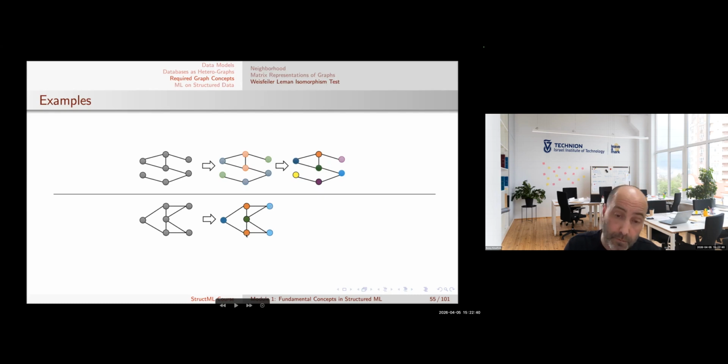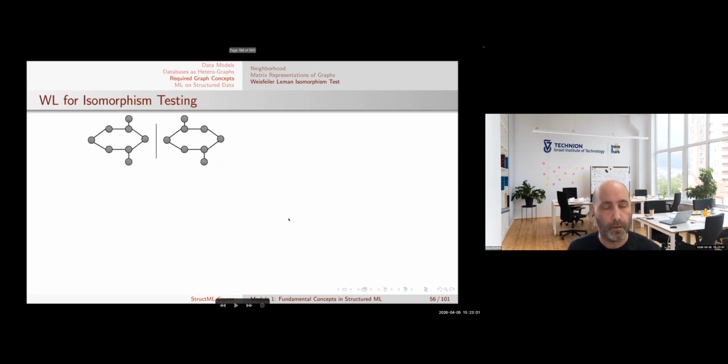And the other orange one has the same bag of colors in the neighbors: dark blue, green, and the sky blue. And so they continue to have the same color, and that applies also to the two sky blues. And this is equivalent to the current coloring, and we're done.